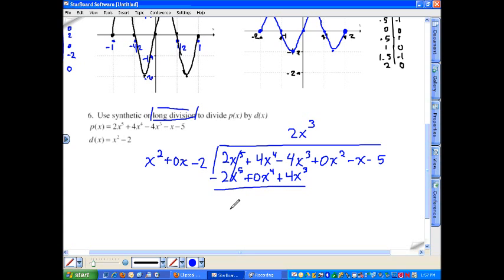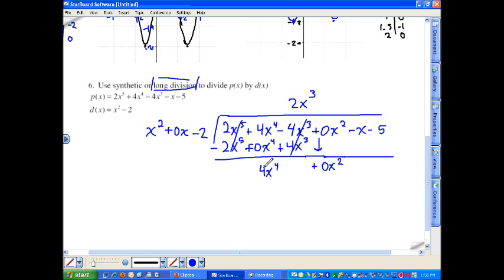Leading term there cancels, which is what is supposed to happen. 4x to the 4th plus 0x to the 4th is 4x to the 4th. These terms also cancel. Now let's drop down. Now notice how I'm keeping these lined up in columns according to the degree. That makes things a lot more manageable to organize.